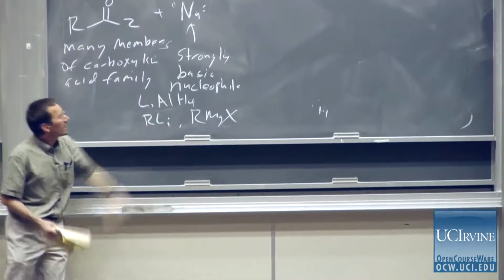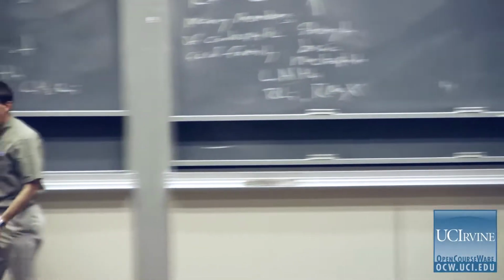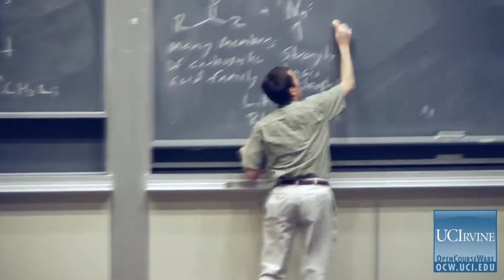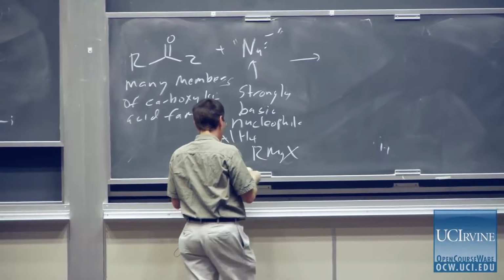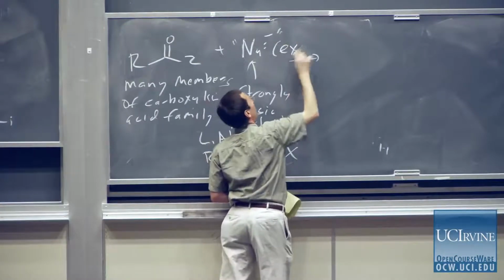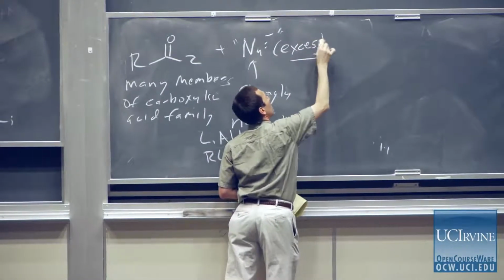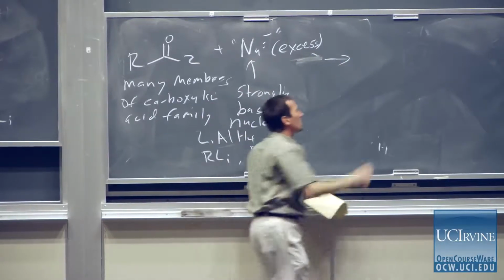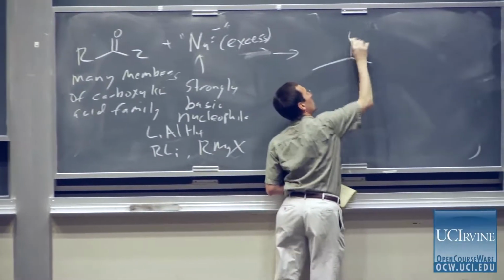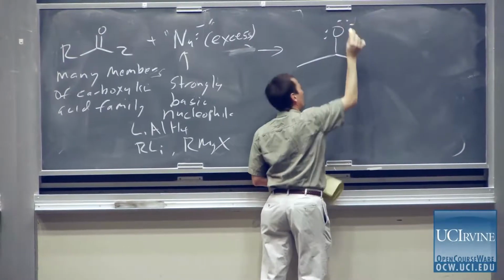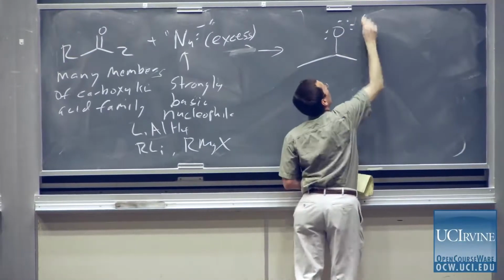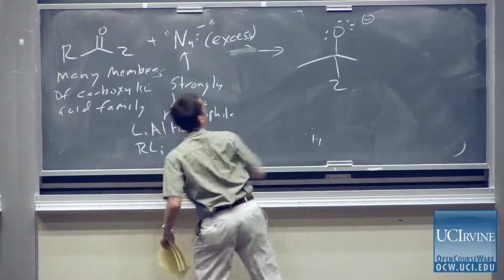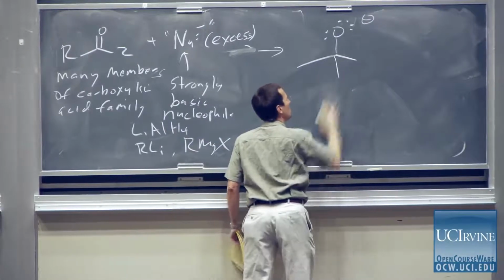So basically, the generalities of this type of reaction are that in general, we get, and I'll write parenthesis excess here just to avoid confusion. When you have excess, in general, you're going to observe addition of 2 equivalents of your nucleophile, which I guess I've written as Nu.